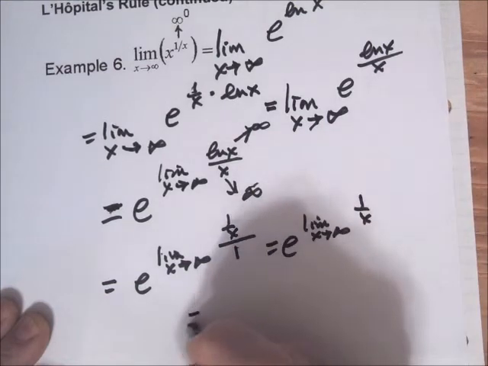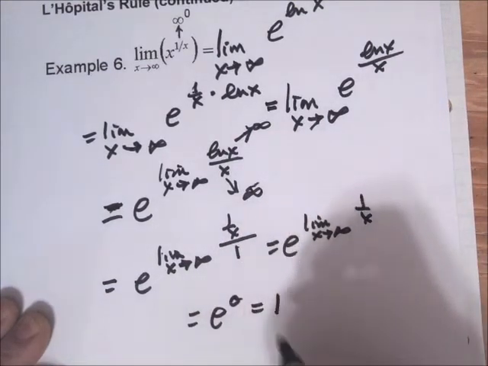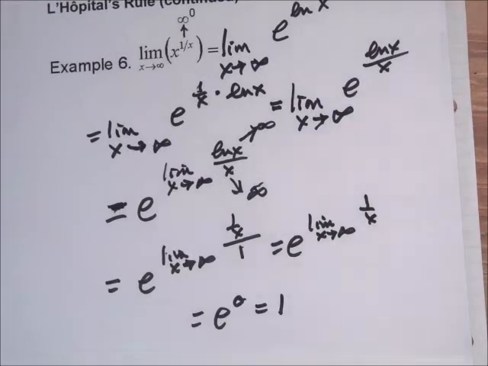So we get e to the 0, which is equal to 1. Again, this example was not in the form where we could directly apply L'Hopital, so we had to manipulate it to get it in a form where we could apply L'Hopital.